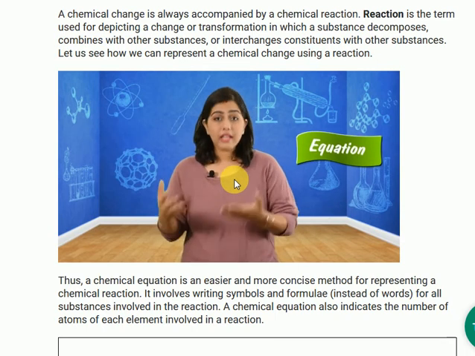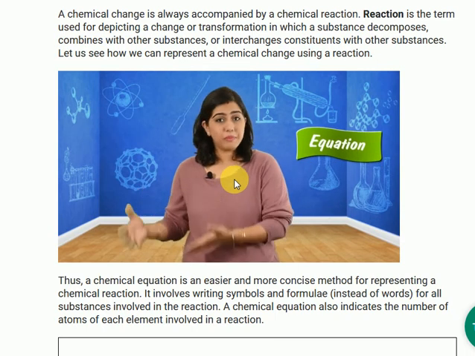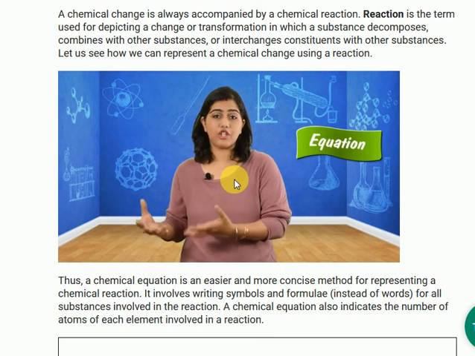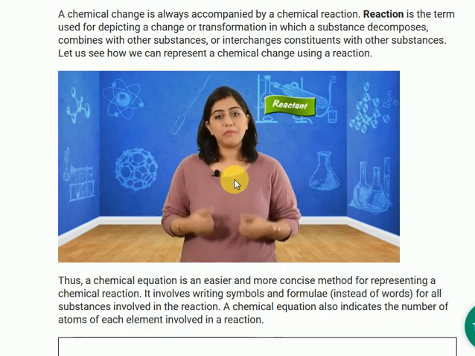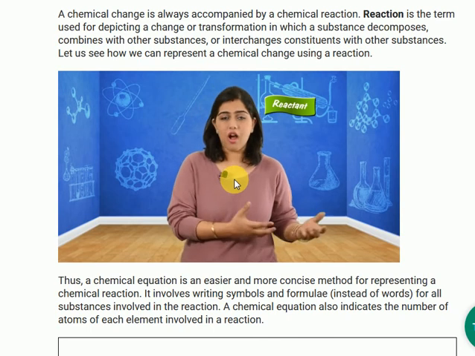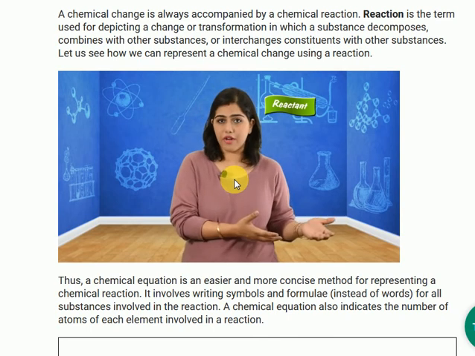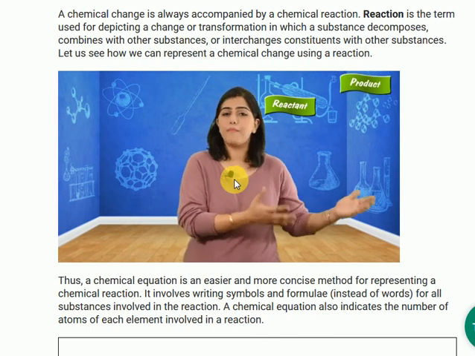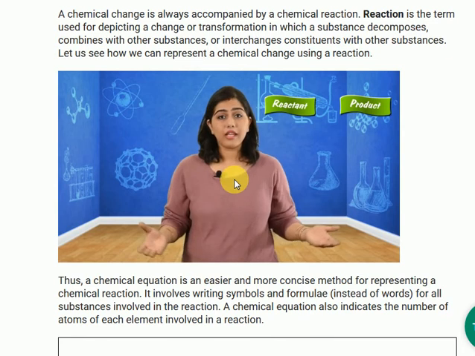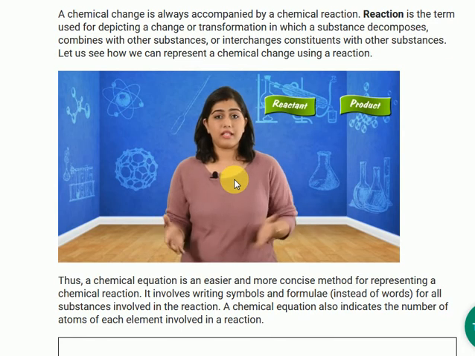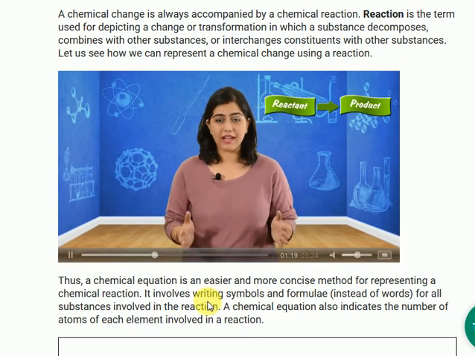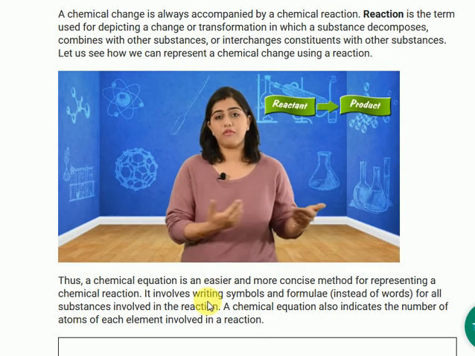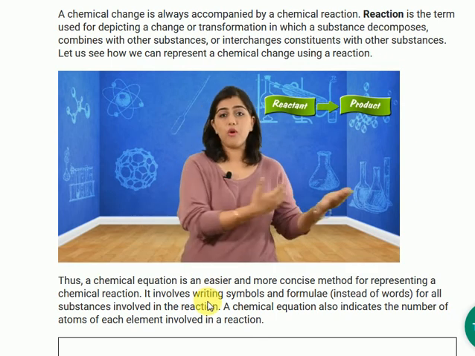So in this equation, the chemical species undergoing the change or transformation are called reactants, and the species obtained after the change or transformation are called products. So a general chemical reaction can be represented as reactants changing into products, the arrow sign depicting the direction of the reaction from reactants to products.